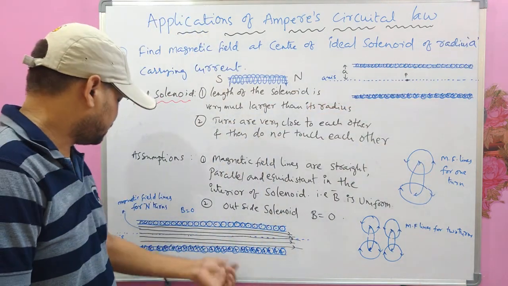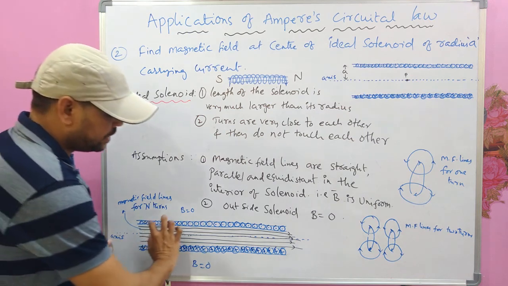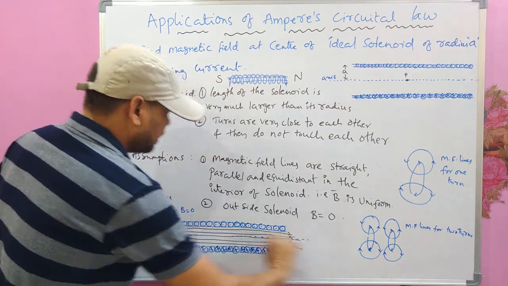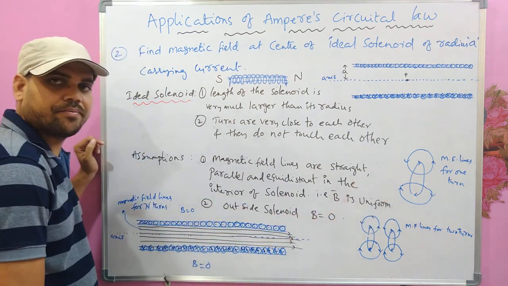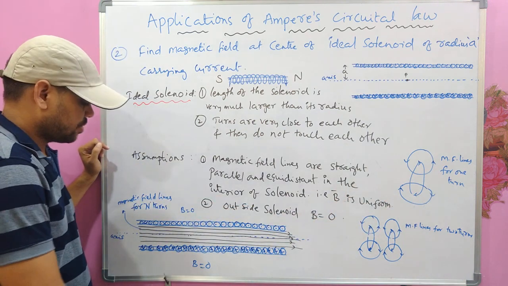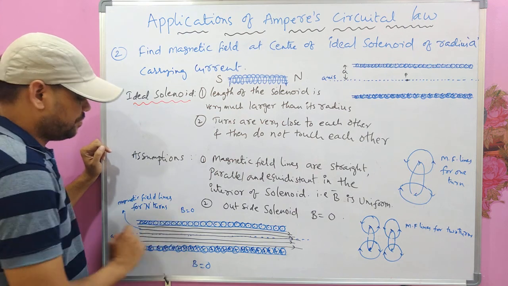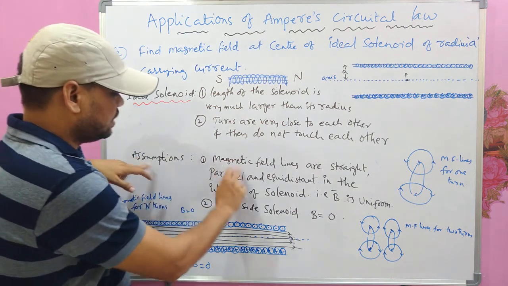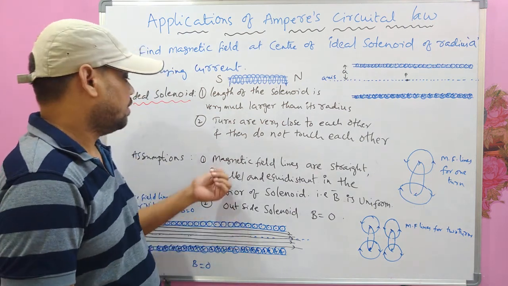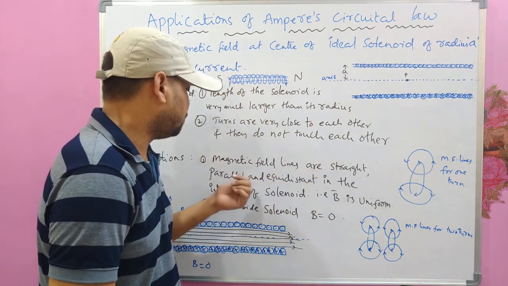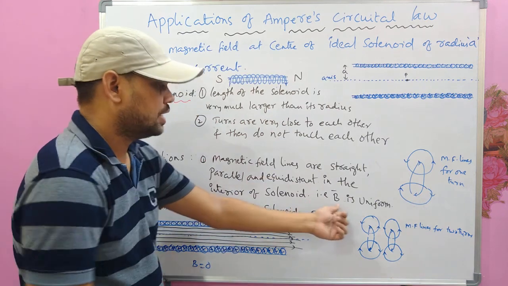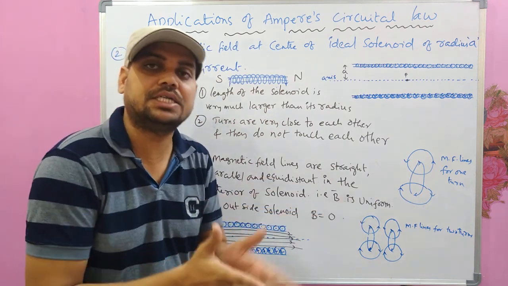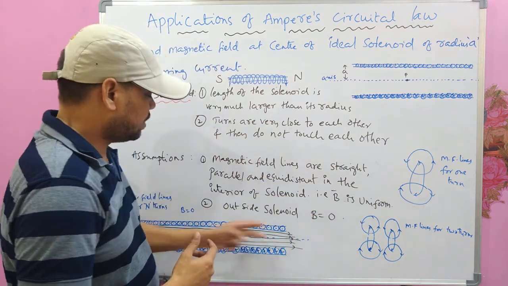So this is what I have written here. The magnetic field lines for an ideal solenoid look like this for n number of turns. B is 0 outside. I have written this here. Magnetic field lines are straight, parallel, and equidistant in the interior of the solenoid. That is, B is uniformly distributed in the interior of the solenoid.